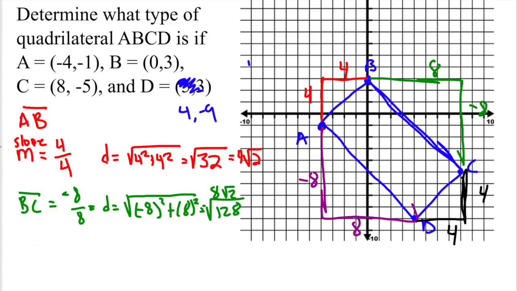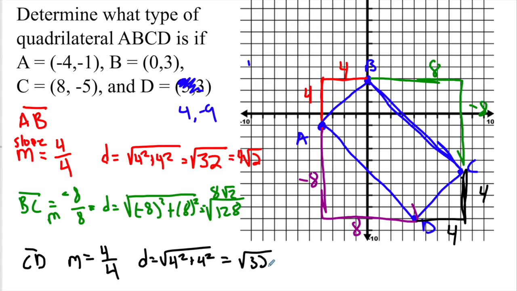Next one we need to do is CD. And I should just clarify, this is the M. So the M is 4 over 4, and the distance is 4 squared plus 4 squared, which is 32, which is 4 root of 2.